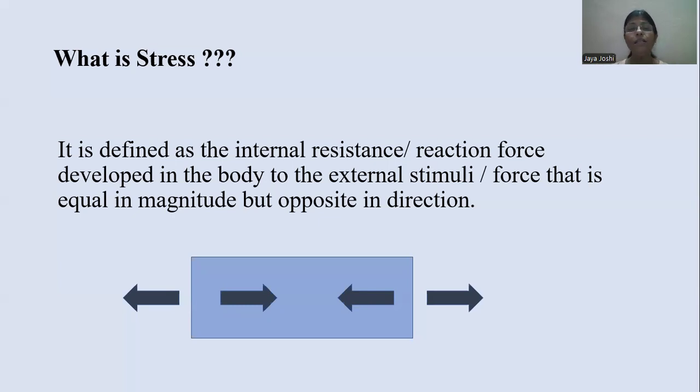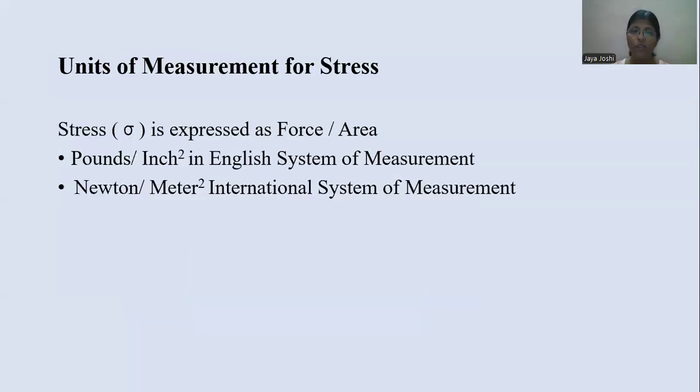So this is called stress. Always keep in mind that stress is the internal resistance to the external forces. It is expressed in terms of force per unit area, measured as pounds per square inch in the English system of measurement and newtons per meter square in the international system of measurement.